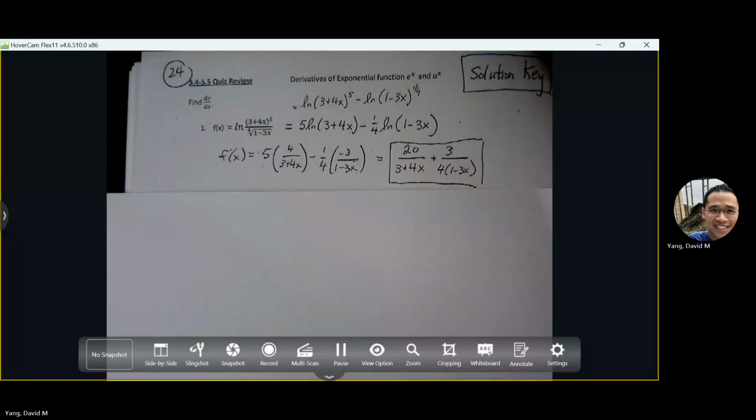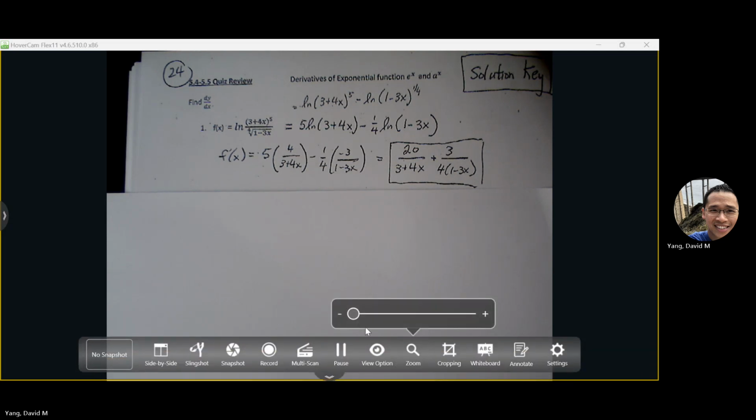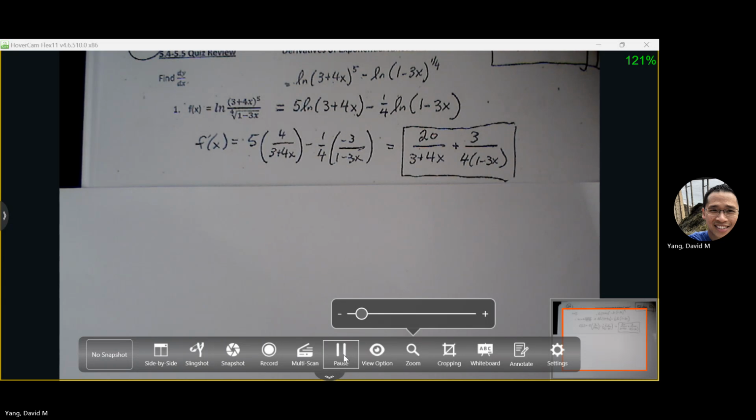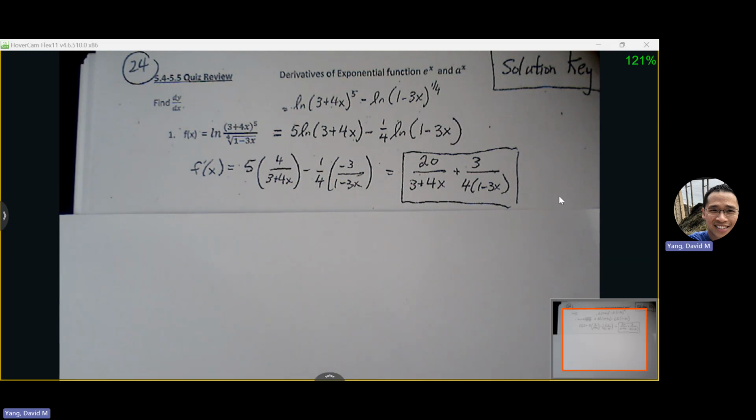Okay, so we start off by expanding. We know natural log of my numerator over denominator, I can expand into natural log of a minus natural log of b.